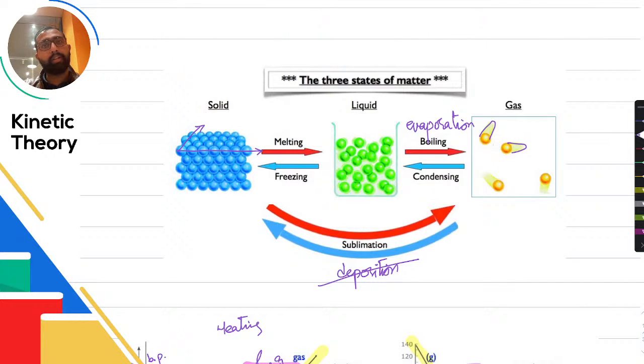In liquids, particles have weaker forces, the distances are large, they flow around, they move around because of that. All the behavior comes from that. And in gas, the particles have very weak forces, so obviously they can go further away and they have high kinetic energy because of that. Okay?